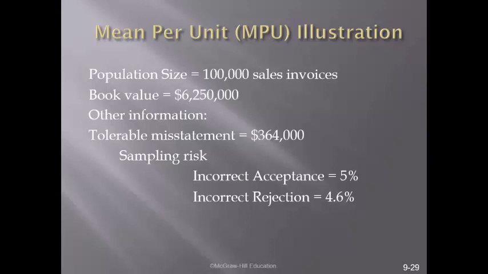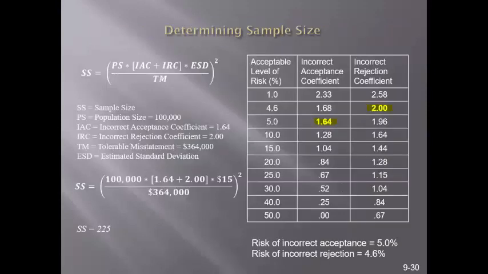incorrect rejection at 4.6%. This table shows the risk coefficients of incorrect acceptance and incorrect rejection at different levels of acceptable risk. In our example, the incorrect acceptance coefficient would be 1.64 and the incorrect rejection coefficient would be 2.00.